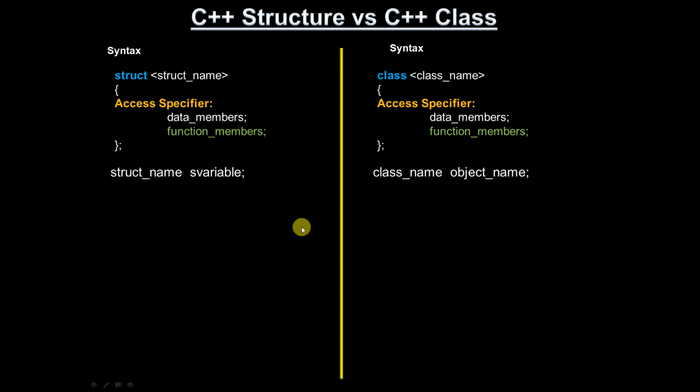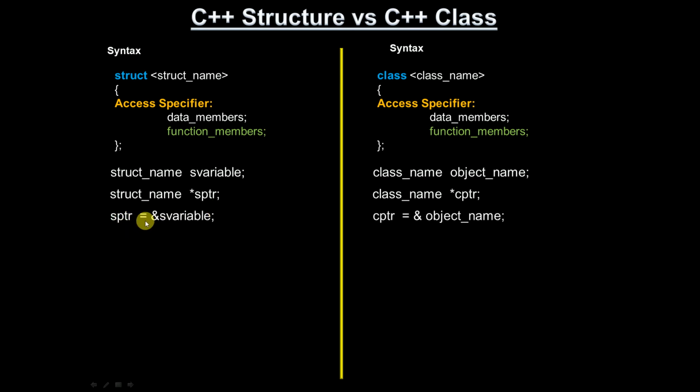Now, if I am creating a pointer to a structure, then we use struct name star sptr. If I am creating a pointer to a class, then we have to use class name star cptr. After creating the pointer, your pointer has to hold the address of a structure variable, or here your pointer has to hold the address of an object of the same class. So sptr equals address of structure variable, and cptr equals address of object name.